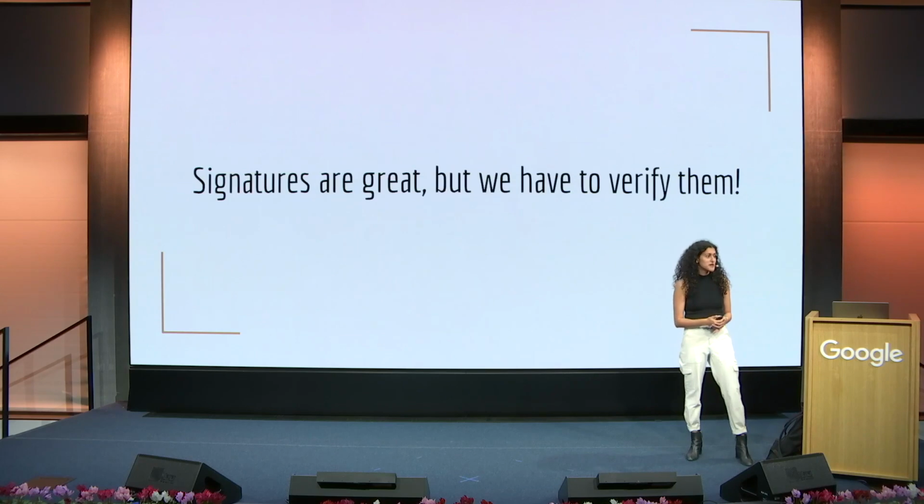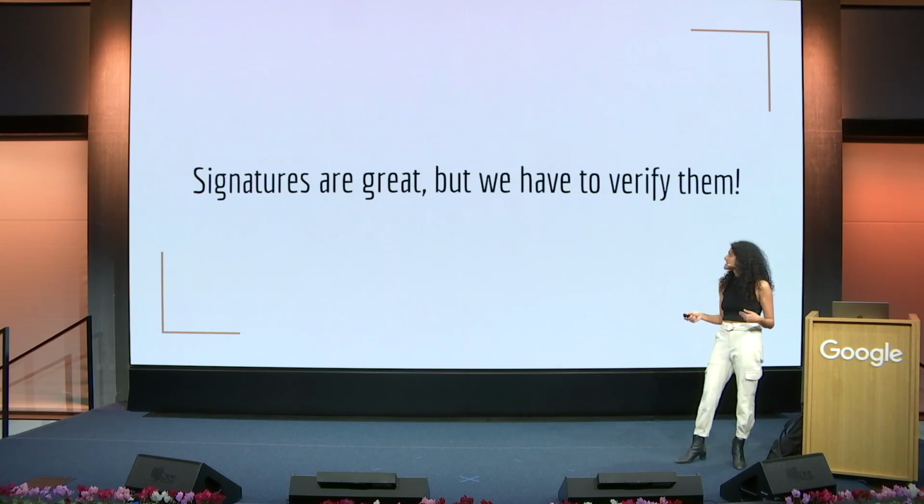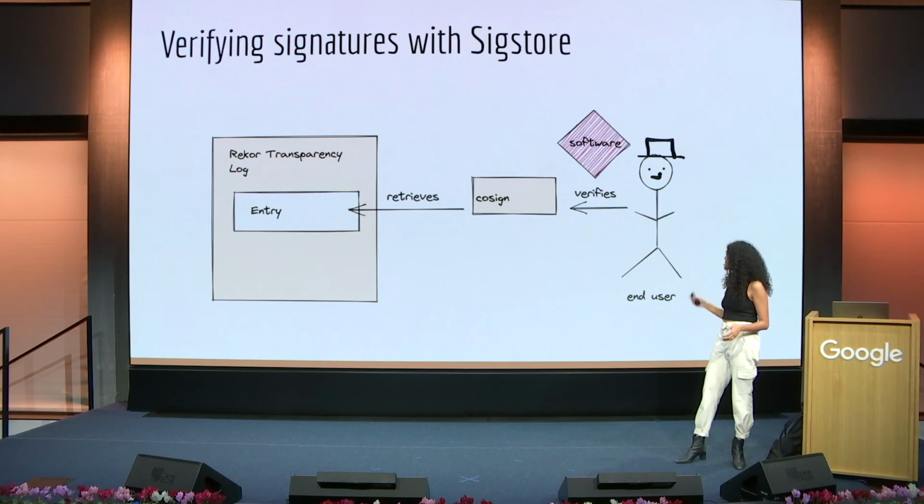Signatures are great, but they're ultimately useless if they aren't verified. And so the other main goal of Sigstore is to make it as easy as possible for end users to actually verify this software. And luckily, all the end user needs is the same two things that the maintainer had: the cosign CLI tool and the same piece of software.